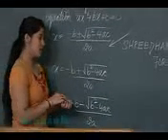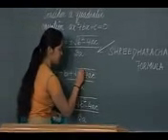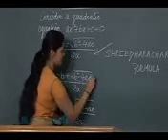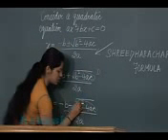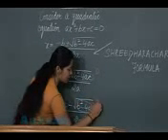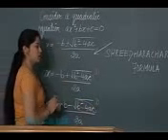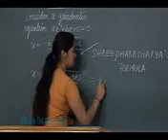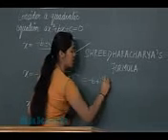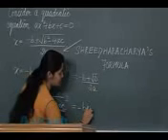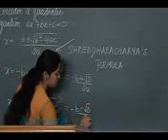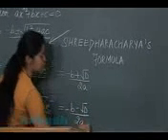Now students, we denote this b square minus 4ac by capital D, and here also it will be capital D. So the roots become minus b plus root D upon 2a and minus b minus root D upon 2a.